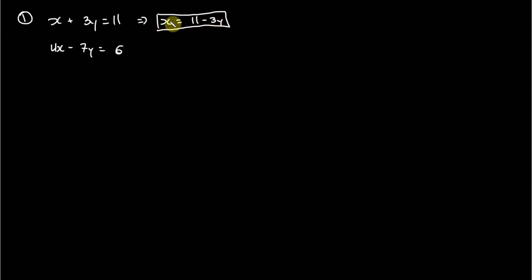It's 11 minus 3y. We can substitute this value for x into our second equation. If this is equation 1 and this is equation 2, we can substitute this into equation 2, and what we then get is 4 times (11 minus 3y) minus 7y equals 6.